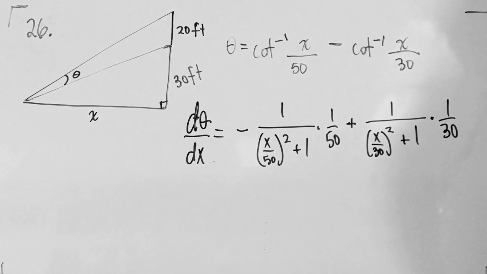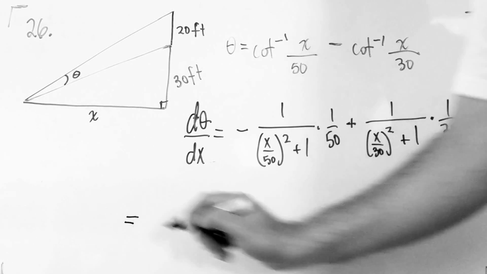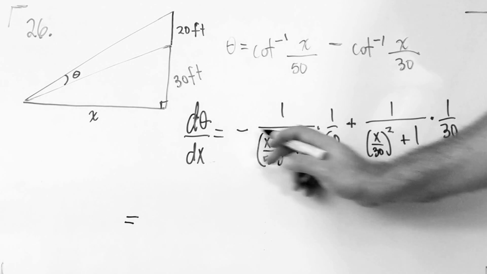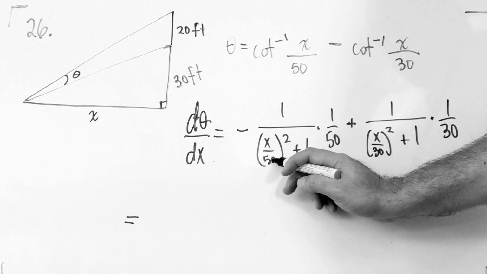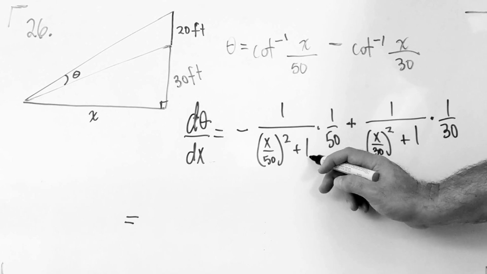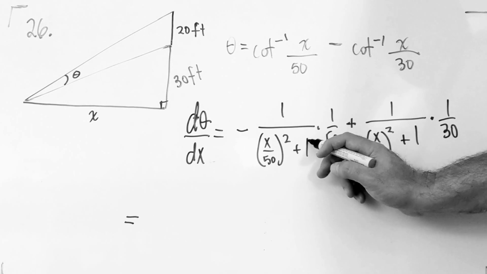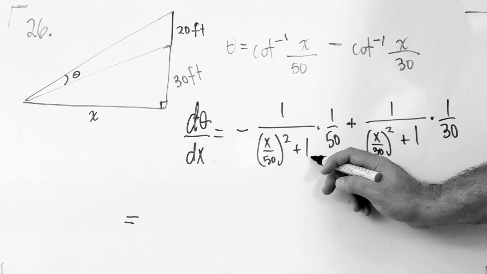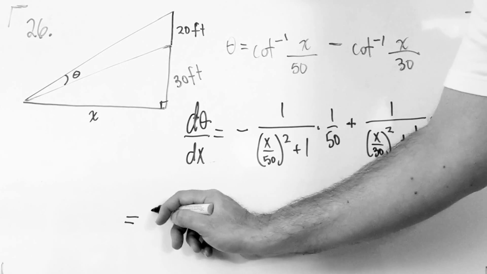We should really simplify this. Let's see. This would definitely be negative. This would be x squared over 50 squared, which one of the 50s cancels with this one. This would be 50 squared over 50 squared. So that would be negative.